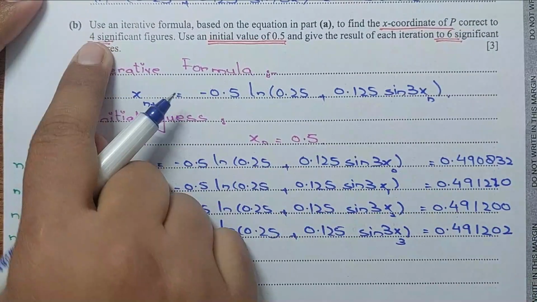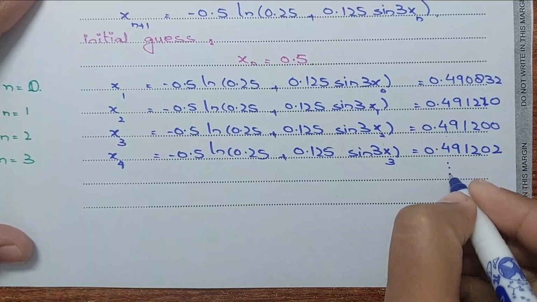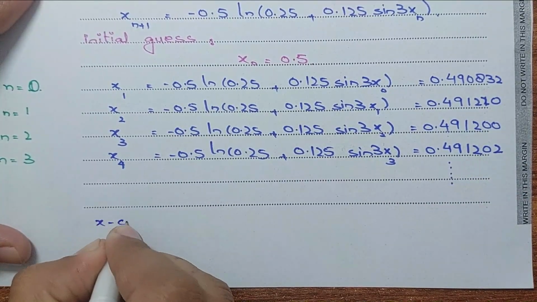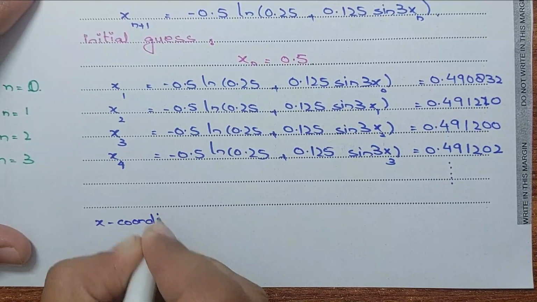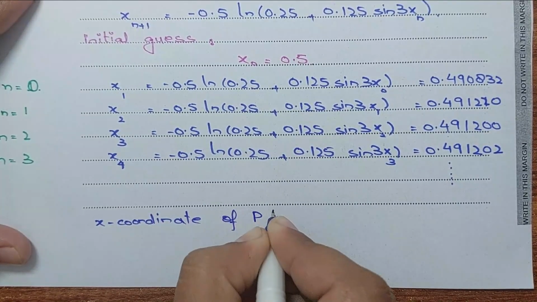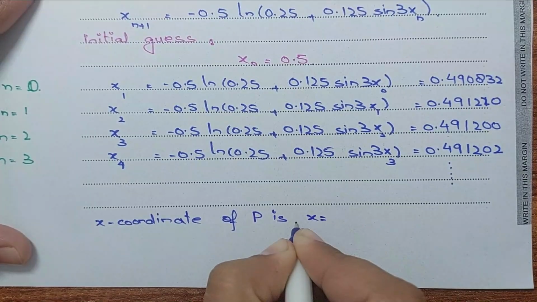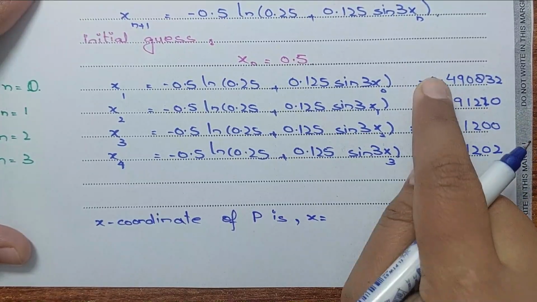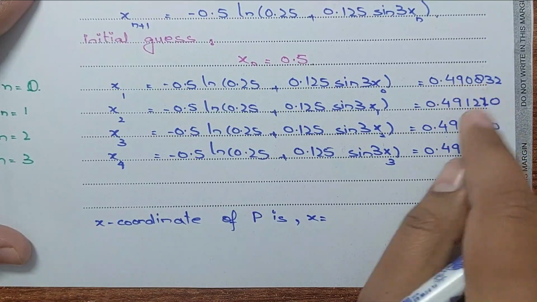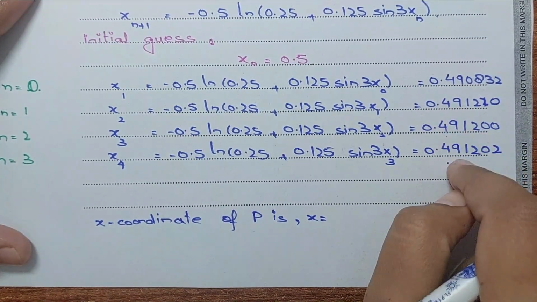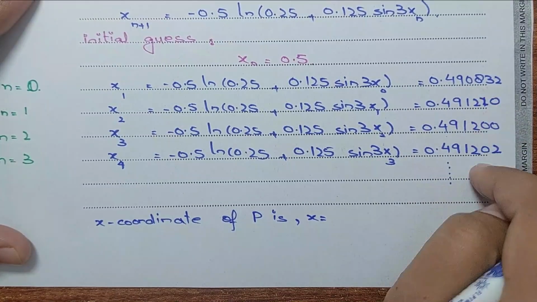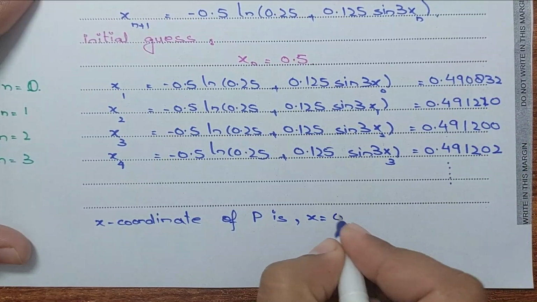We need to figure out the x in 4 significant figures. Now we can easily guess the value of x, right? So we can say the x coordinate of P is x equals 0.4912, to 4 significant figures. The digits 4, 9, 1 are constant, and then 2 is constant, right?